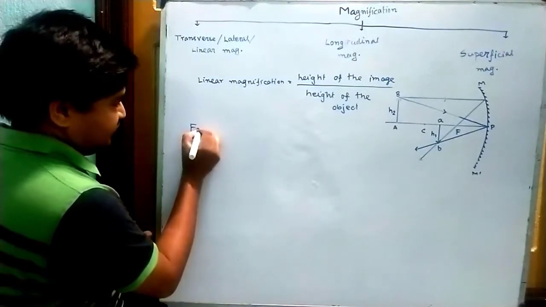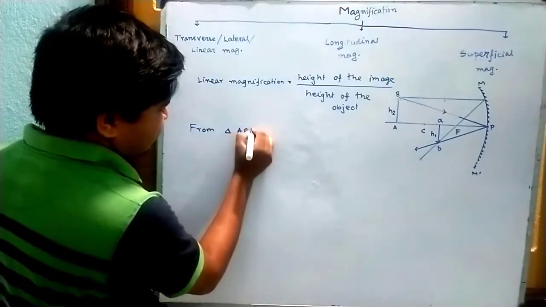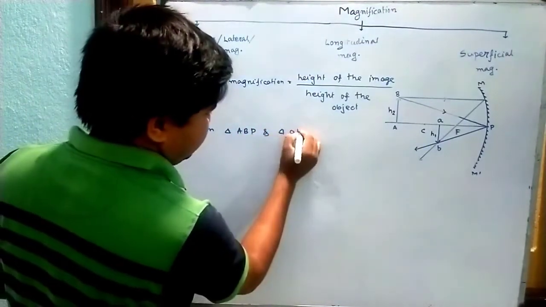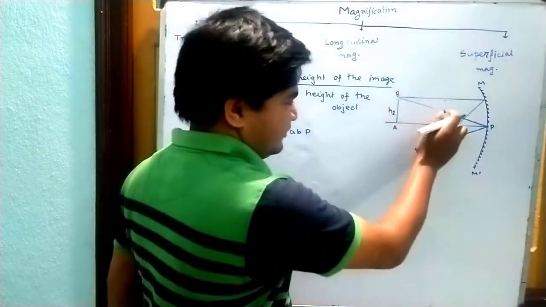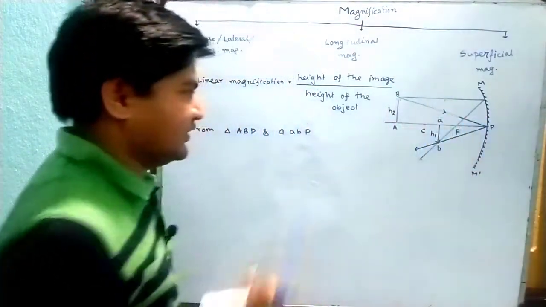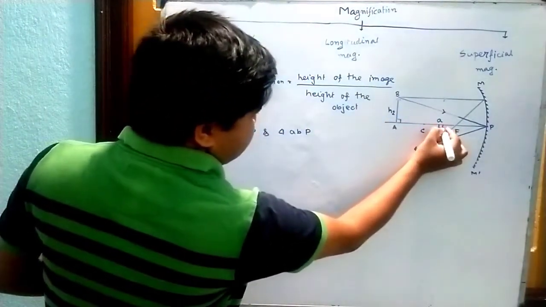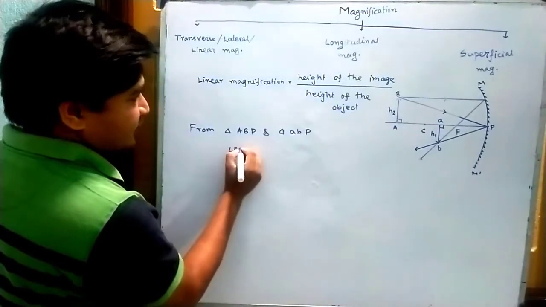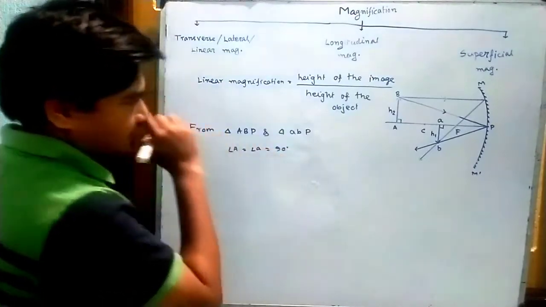From triangle ABP and triangle A'B'P, that is this large triangle and this small triangle, these angles are 90 degrees. Angle A equals angle A' equals 90 degrees.